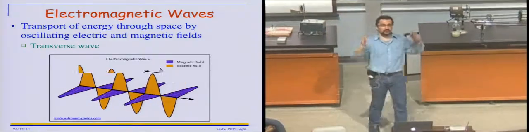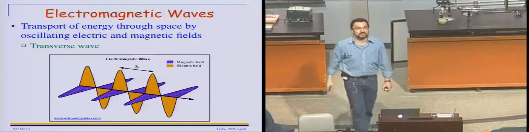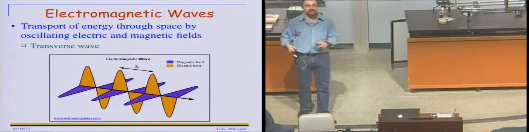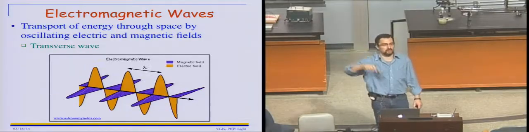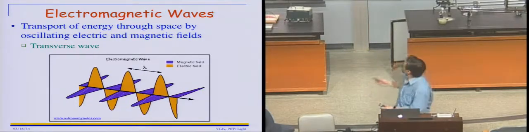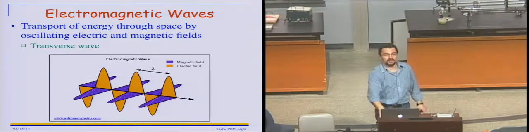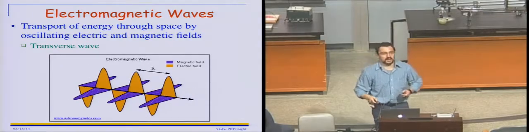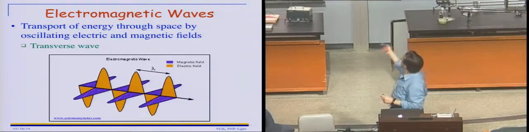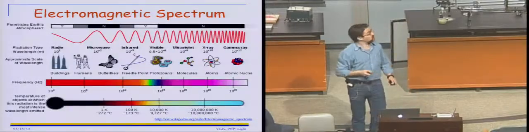The distance between the two peaks of the electric field is known as the wavelength, the characteristic size over which the field changes by 100%. And this pattern keeps propagating in space with the speed of light. So we can characterize electromagnetic waves by this distance between the two peaks in the intensity. This is known as the wavelength.